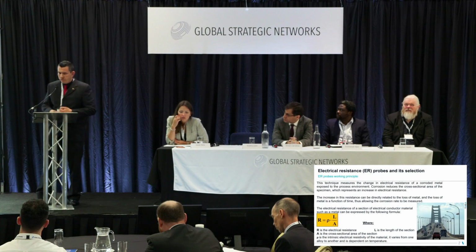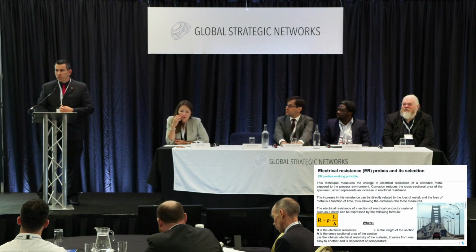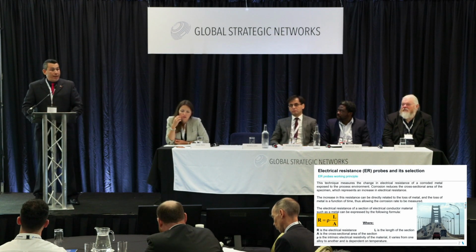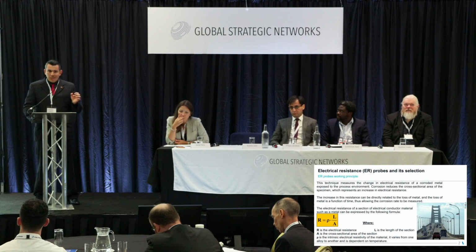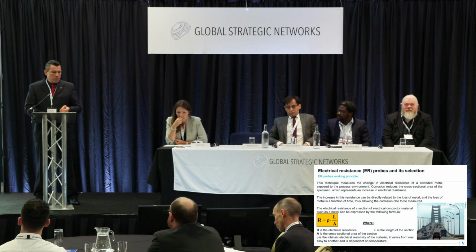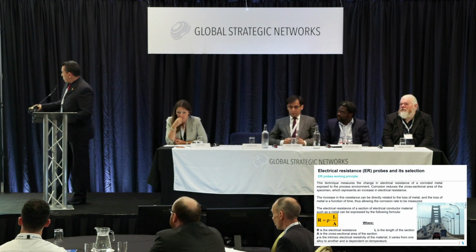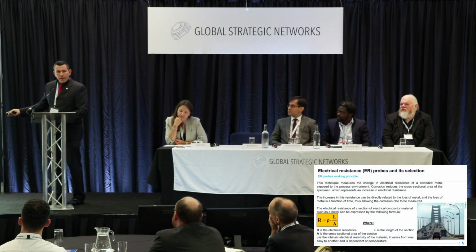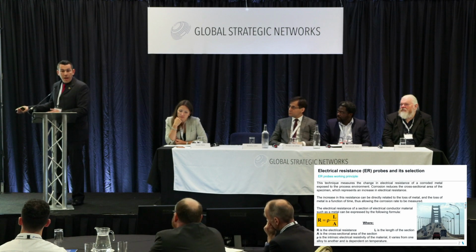So, speaking of working principle, with electrical resistance probes, what we do is correlate the resistance of a metallic element that is in the probe. You can imagine this situation like a highway.